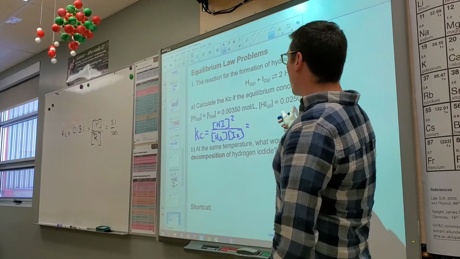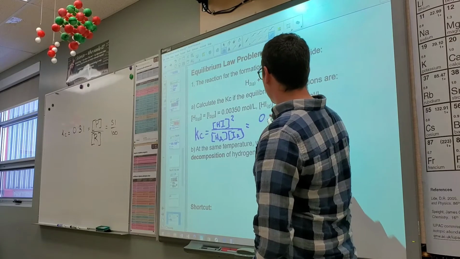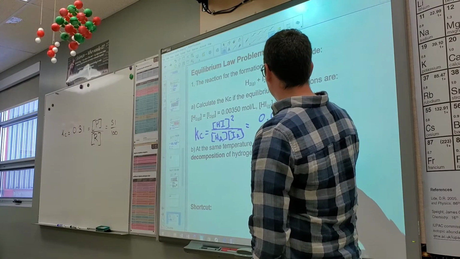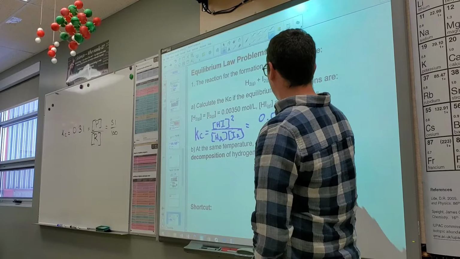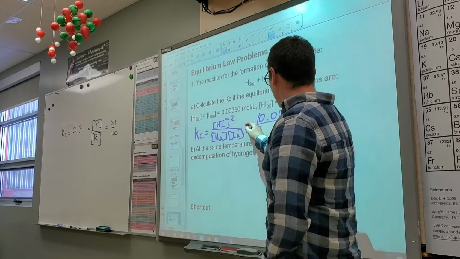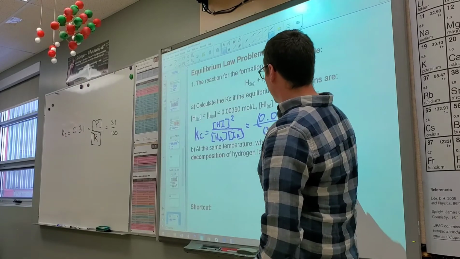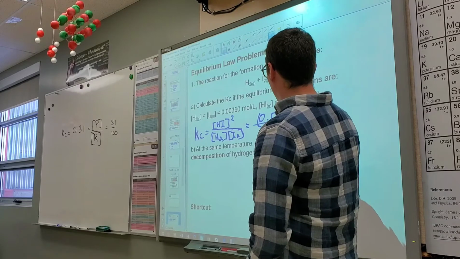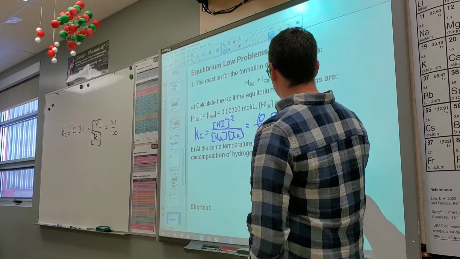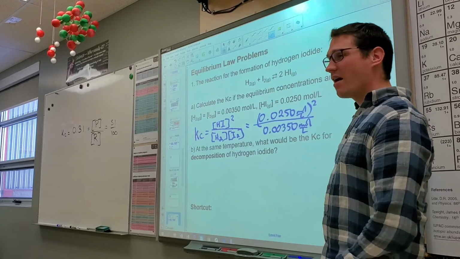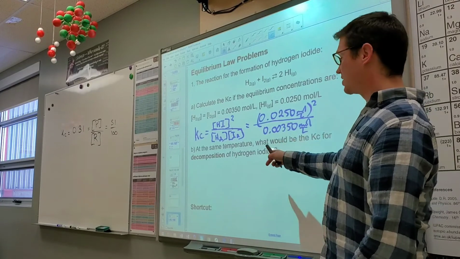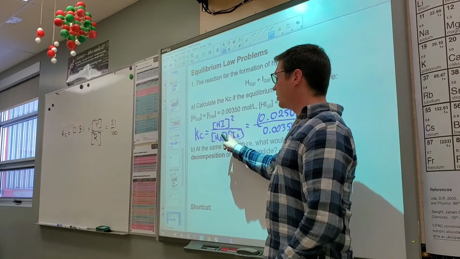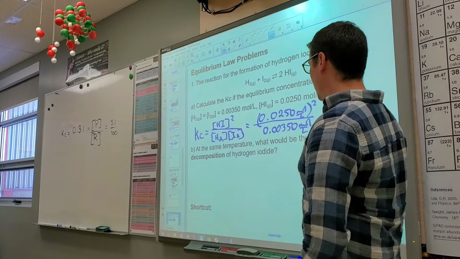So if our hydrogen iodide concentration is 0.0250 moles per liter squared divided by 0.00350 moles per liter. Again, this is one of those things where if both of the bottoms are the same, I'm not going to write it twice.